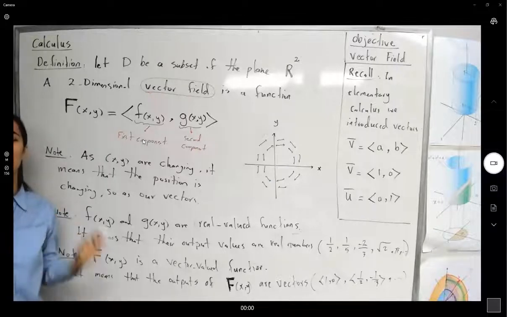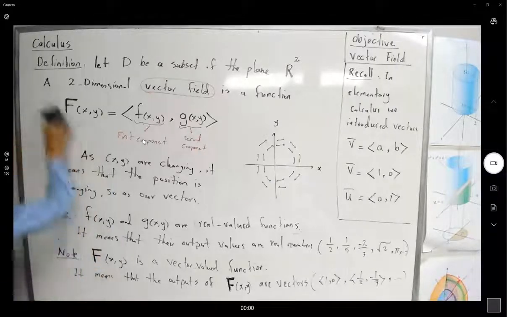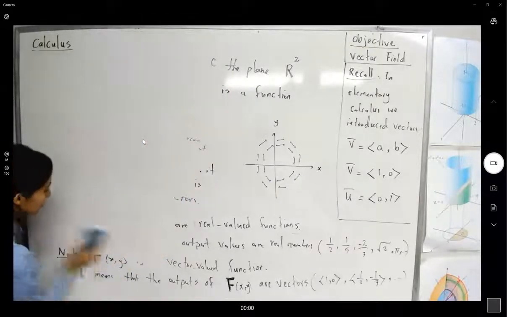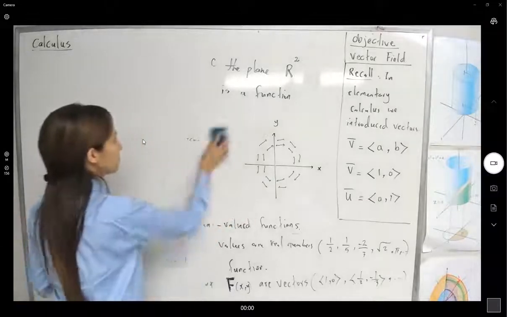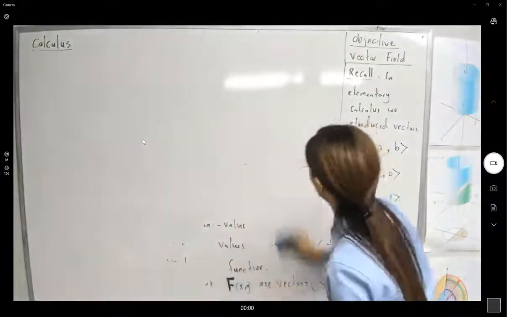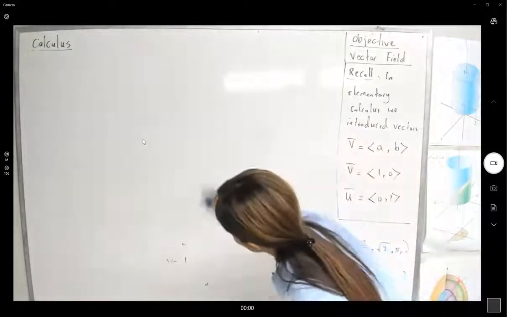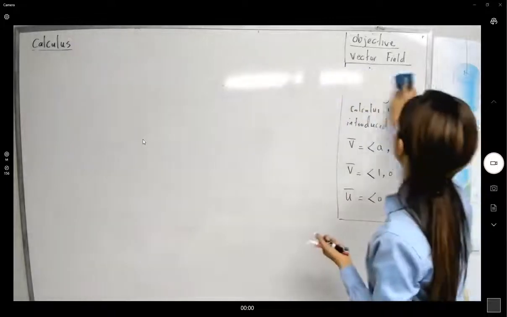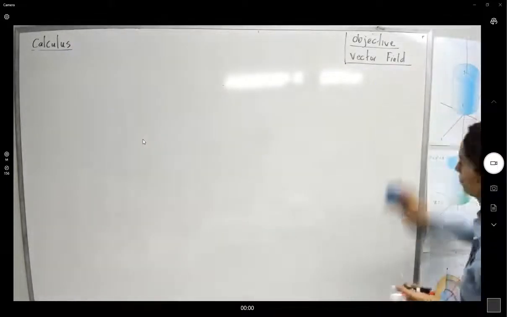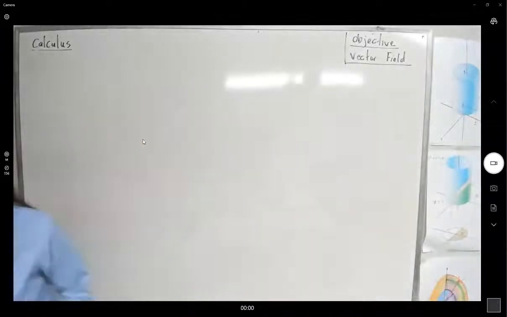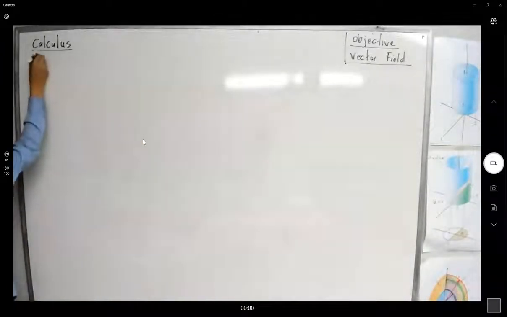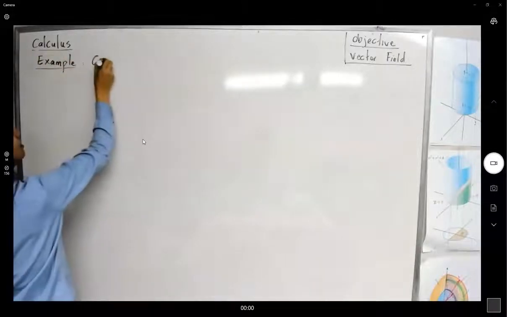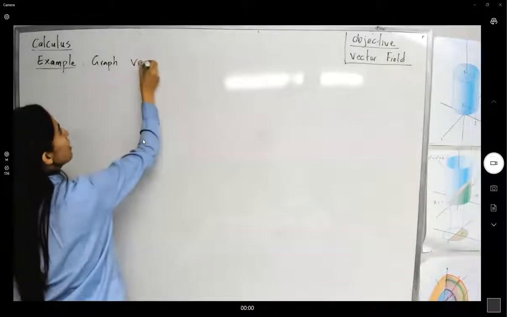Remember that it's just a collection of vectors. Example. Graph the vector field.